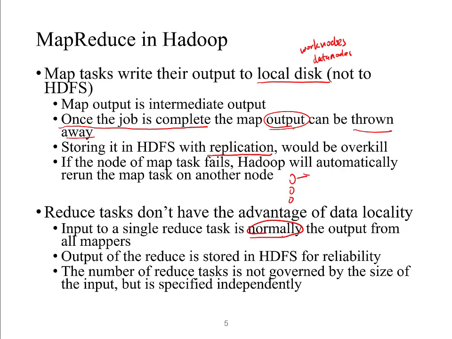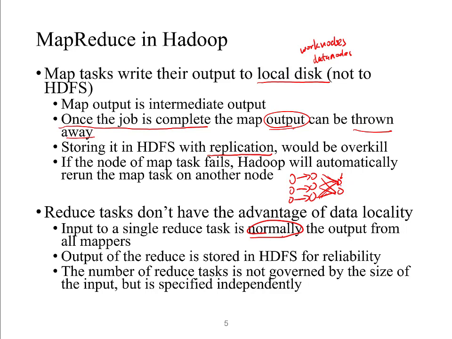say this is the map stage. But for reduce, the input of a single reducer would come from different map tasks.